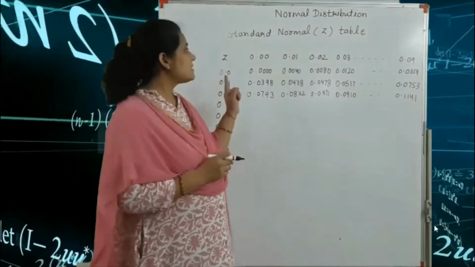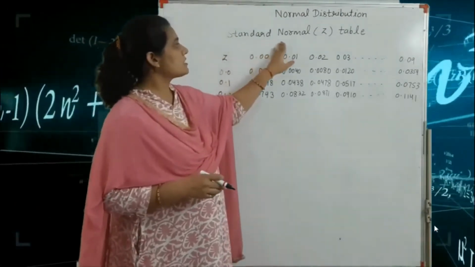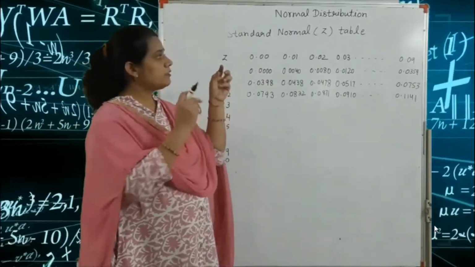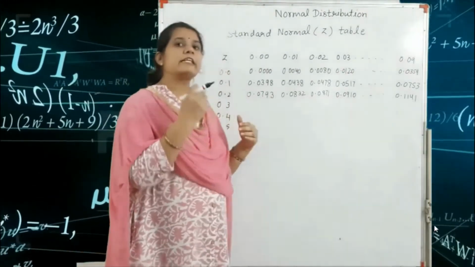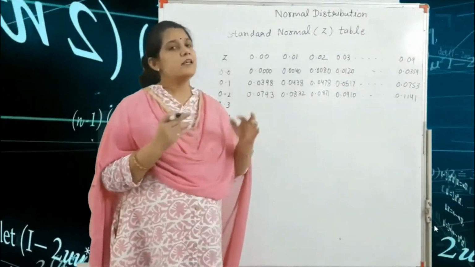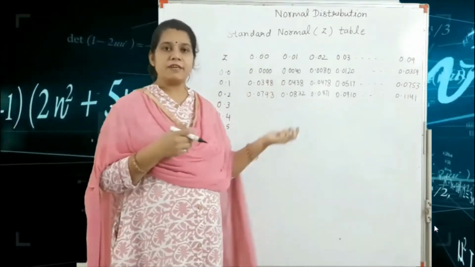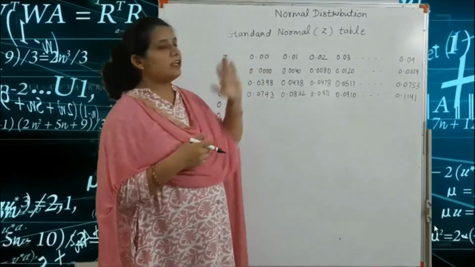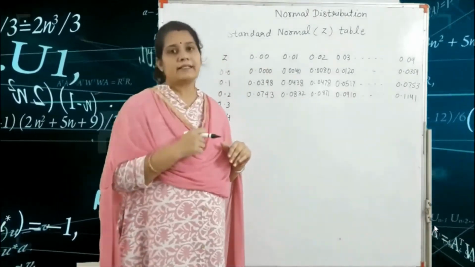This is the standard normal Z table. If a question gives the value of Z, it's okay, we put the given values. But sometimes in our question we are not given the value of Z; they provide the Z table.